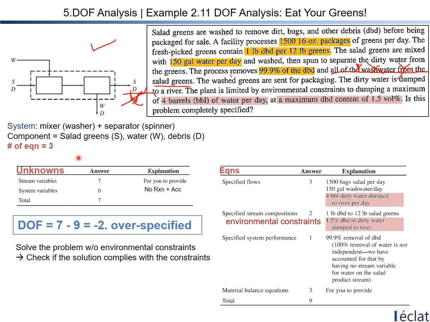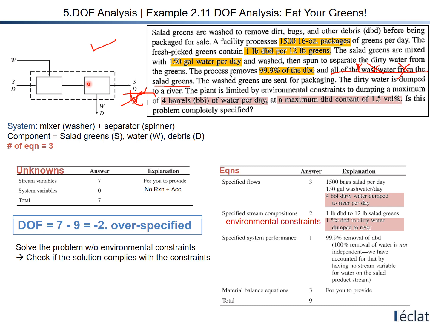So in this case, components are the salad greens, shortly S, and water, shortly W, and debris, shortly D. So then we have finished the very fresh block flow diagram.